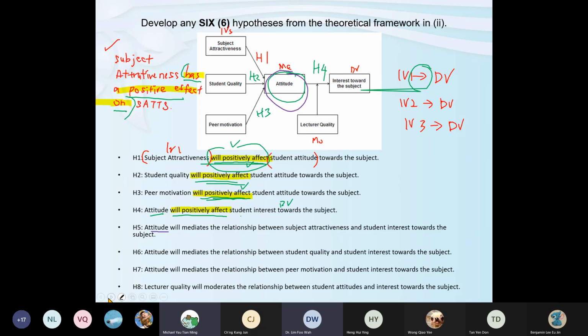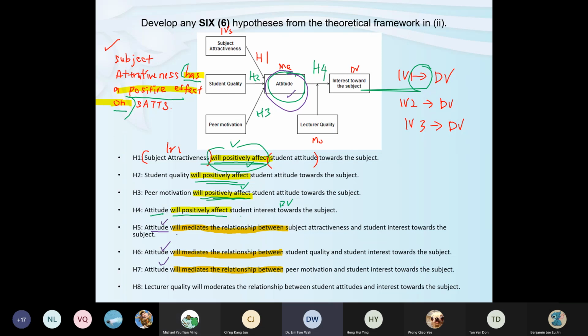You see, I use another color. We mediate the relationship between. Amplitude is the mediating variable, so you just write amplitude.